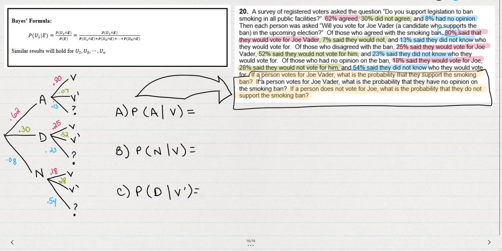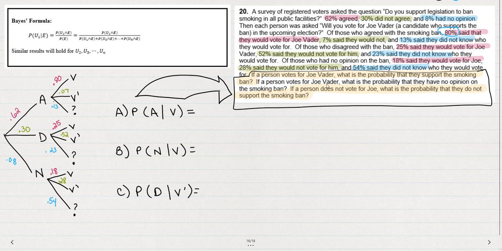But here's what we're looking for. 3 questions. If a person votes for Joe Vader, what's the probability that they support the smoking ban? So how much does voting for Vader rely on that voter's support of the smoking ban?